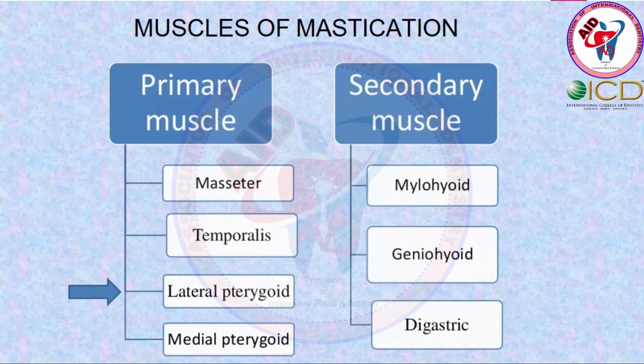If you do not understand the lateral pterygoid muscle in detail, it is very difficult to understand the diseases of the temporomandibular joint, because the lateral pterygoid muscle plays a very important role in the function of the disc and in the function of the temporomandibular joint.